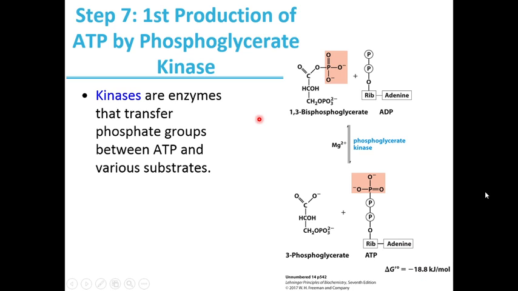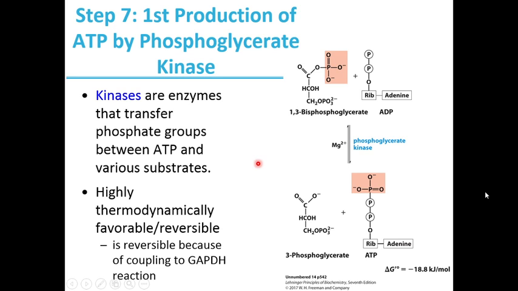Kinases, as you may remember, are enzymes that transfer phosphate groups between ATP and various substrates. As I said, this is highly thermodynamically favorable and reversible. It's reversible because of coupling to the GAPDH reaction.